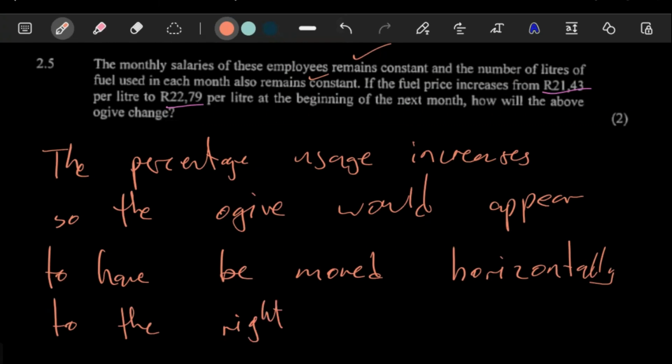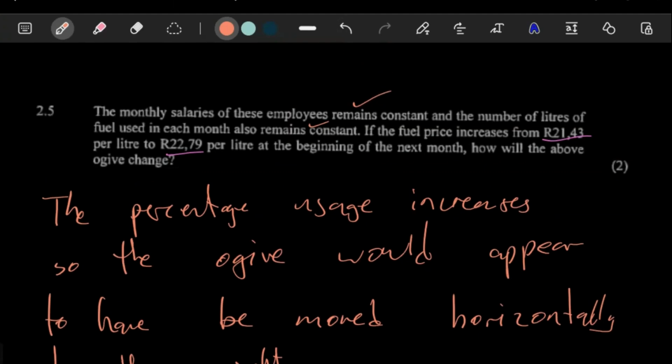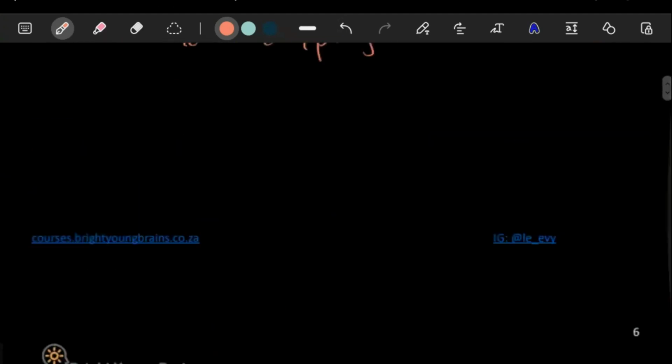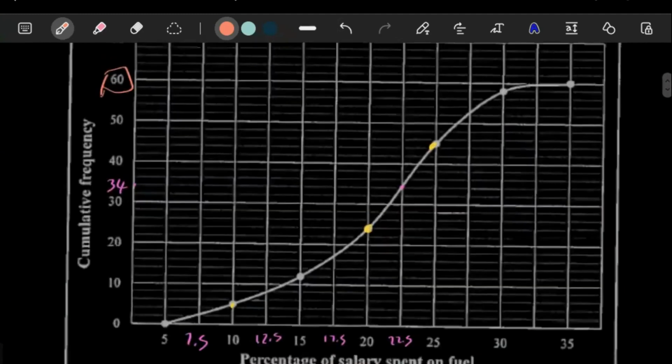One thing we want to take note of is that it would appear as though the width of this OGIVE would increase, because if each of these percentages go up a bit higher, these values are all moved a bit to the right, but the OGIVE always needs to eventually go to 0.